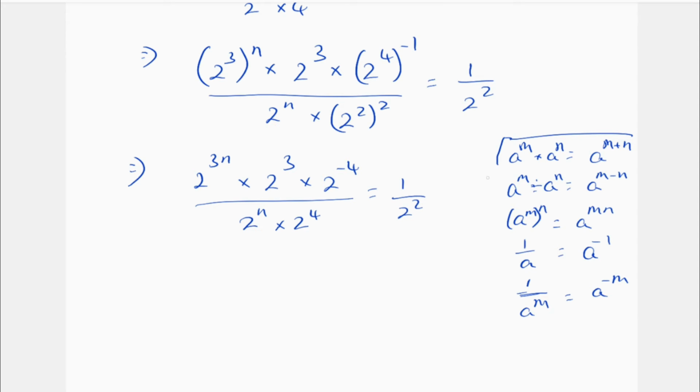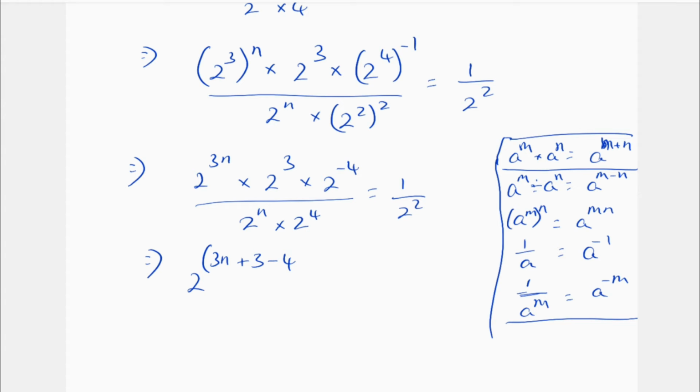So applying this, I'm going to apply the property a power m into a power n, and this 1 by a power m is equal to a power minus m. Both these properties I'm going to apply simultaneously. What I'll be getting here is base 2, power 3n multiplied, so plus 3 again, multiplied, plus of minus 4 is minus 4.